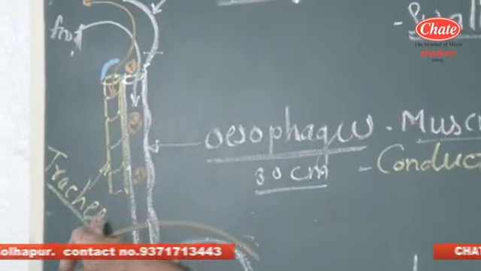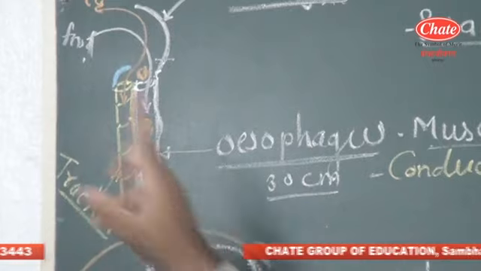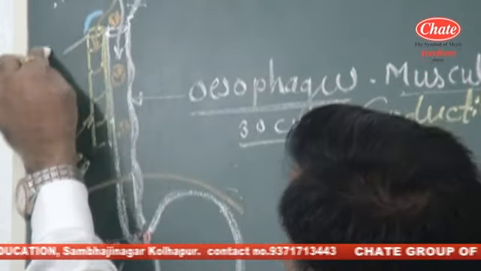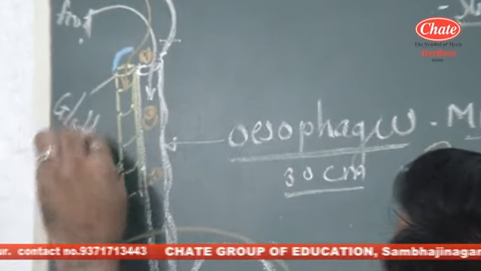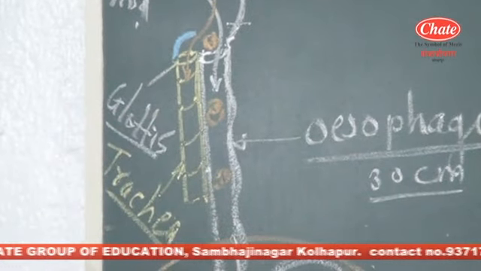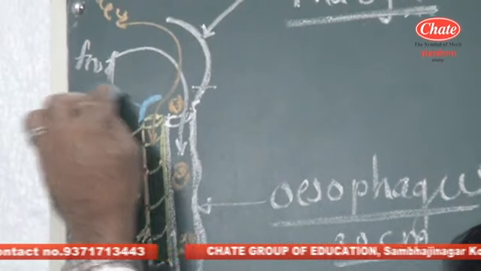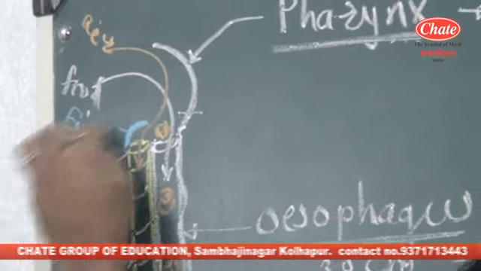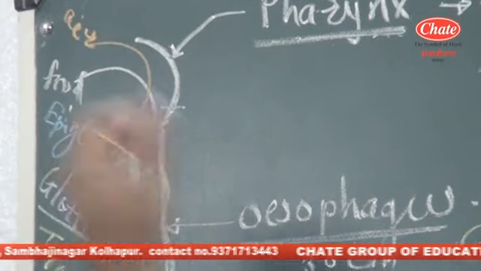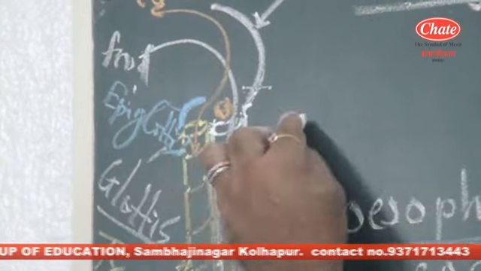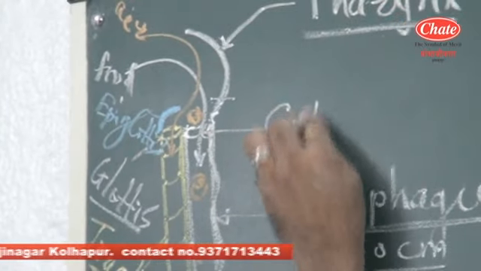In front of the esophagus we can observe the trachea. It is a windpipe. The opening of trachea is termed as glottis, while this glottis is covered by a flap-like structure, termed as epiglottis, which prevents the entry of food into the trachea, while the opening of esophagus is termed as gullet.